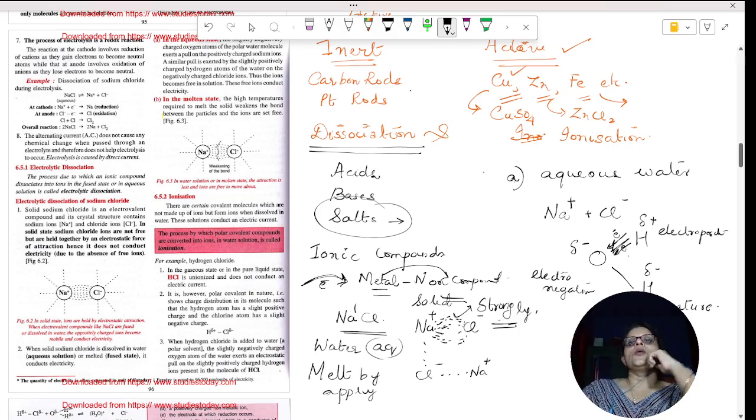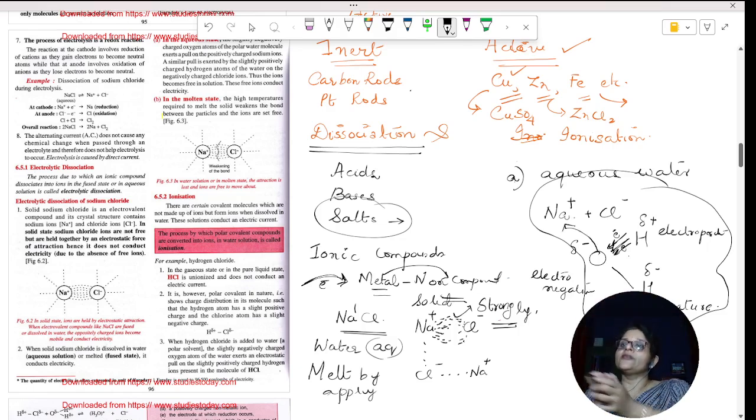What happens when these two come together? When they come together in a solution, oxygen will be pulling the positive sodium cation towards itself because of its negativity, and the hydrogen will be pulling the negative Cl minus.